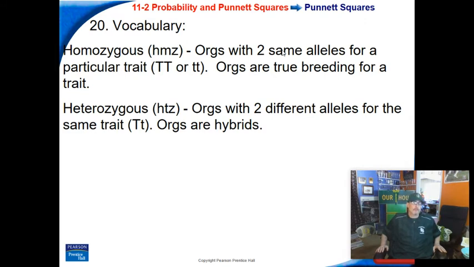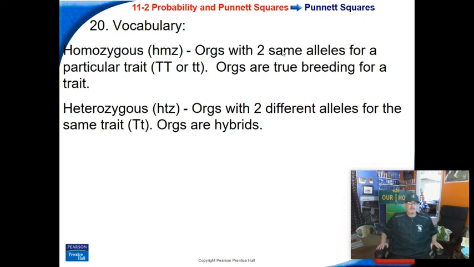Organisms are true breeding for a trait if they are homozygous, meaning they are not hybrids. Heterozygous, we're going to abbreviate that as HTZ. Those are organisms with two different alleles for the same trait, in this case, big T, little t. And those organisms are called hybrids.